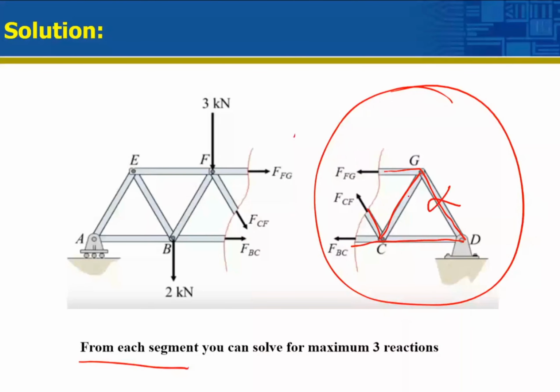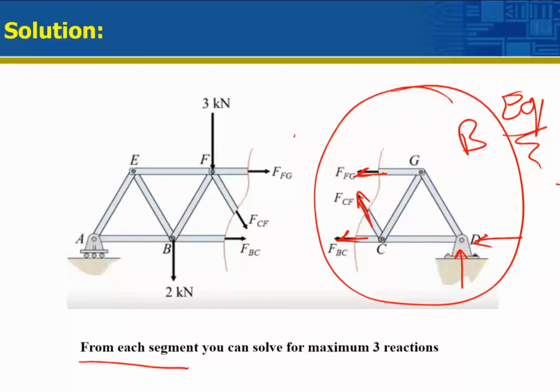I will draw the free body diagram of the section. If you draw the free body diagram of this one, I will have this force, this force, this force, and two reaction forces there. This is a pin connection, so it's free to rotate but cannot move in the X and Y directions. So if I draw the free body diagram of segment B, I will have 5 unknowns and I have no knowns. So I will create a lot of equations which will be of no use. Am I right? Yes, sir.